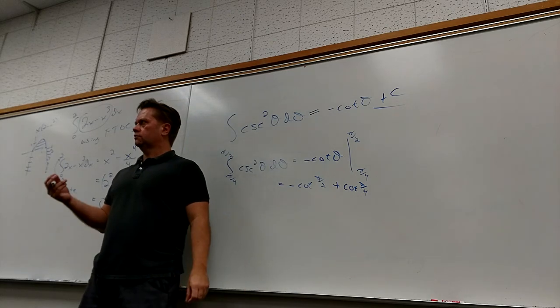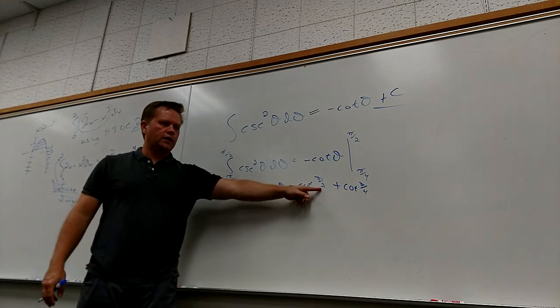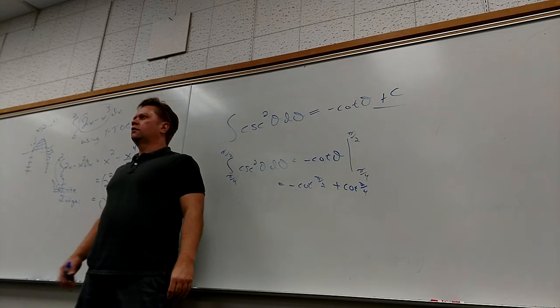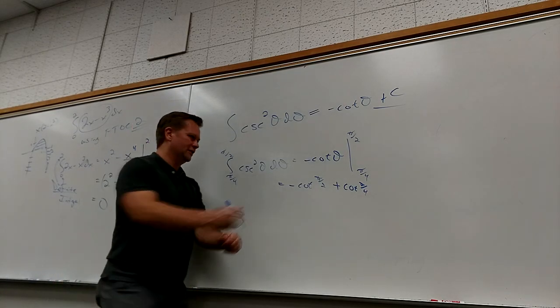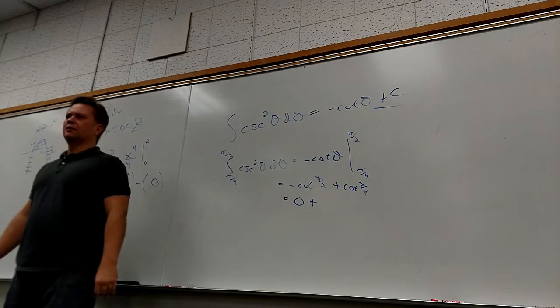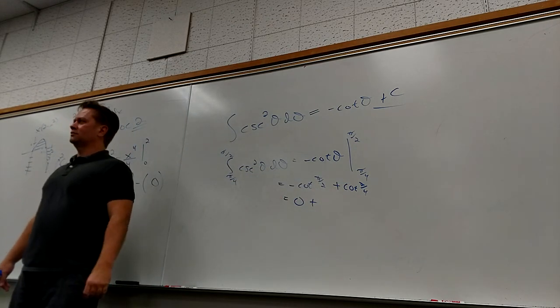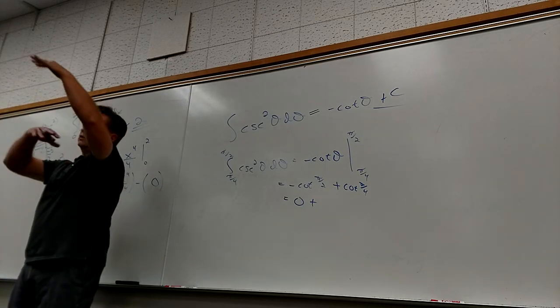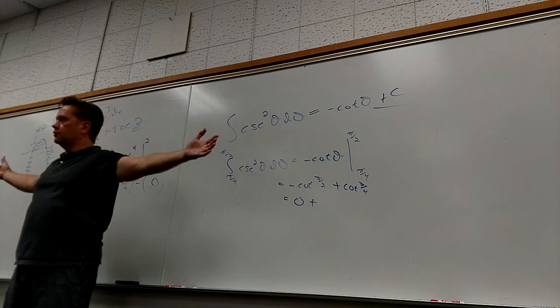Not a big deal. What is cotangent of pi over 2? 0. I love it. 0 plus, and what's cotangent pi over 4? 0. No. 1. Yes. 1. Cotangent is the ratio of cosine to sine, and pi over 4 is where those are equal.